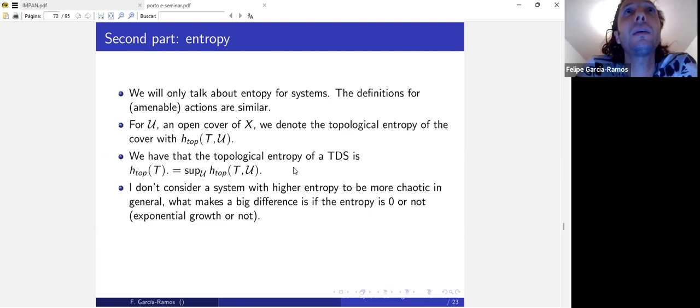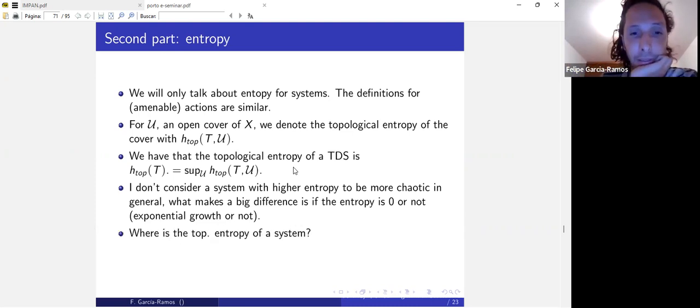For me, I'm not that interested in the entropy of a particular system. I'm more interested in understanding the differences between having positive entropy and zero entropy.